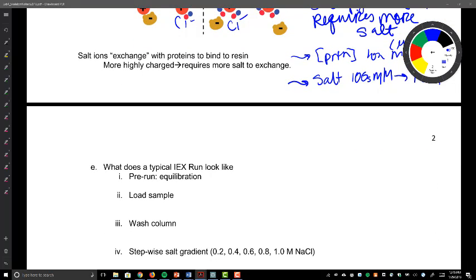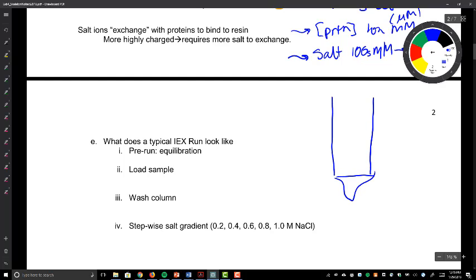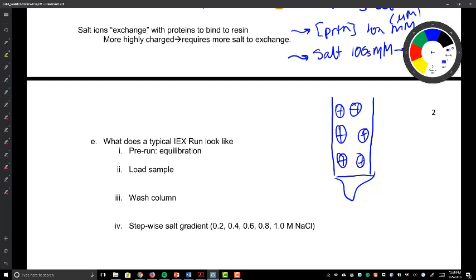All right then. So what does a typical ion exchange run look like? We start with this column. We'll actually pack the column during lab, and our column contains the positively charged Q anion exchange resin. First things first, we have to equilibrate our column.